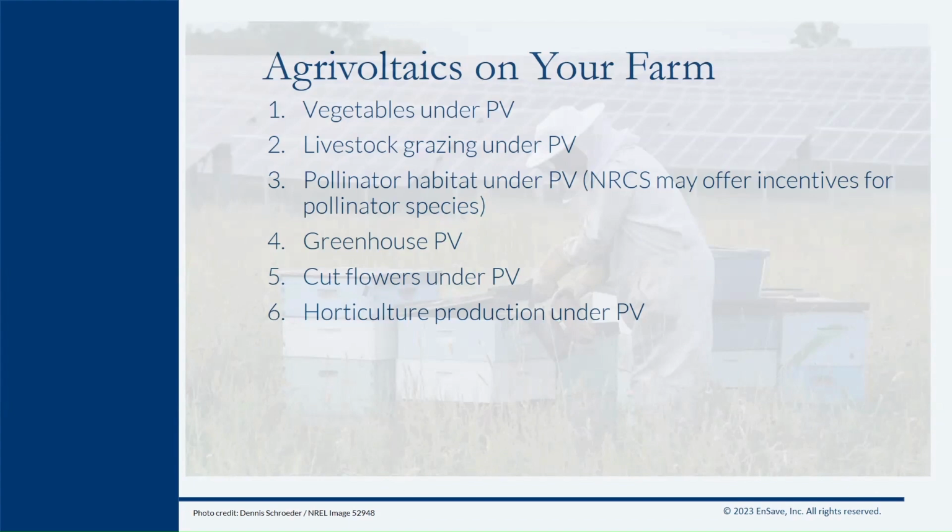They prefer at least partial shade, and so these agrivoltaics systems can provide essentially what would amount to a shade cloth over some horticultural production, and give that partial shade for optimal growth of those horticultural plants.